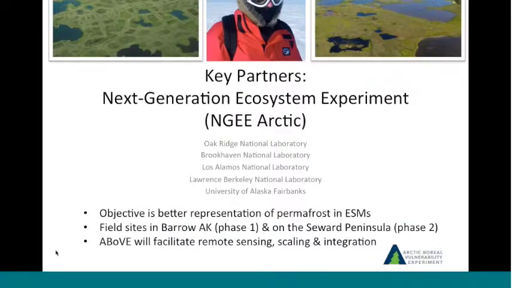Okay. So on the next slide, I just wanted to point out a couple of the key partners, and these are really key partners because of the scope of their activity. So the NGEE Arctic experiment is largely focused around the Barrow area currently, but they're wrapping up their phase 1 activities. They'll have a phase 2 that includes intensive studies on the Seward Peninsula in Alaska.